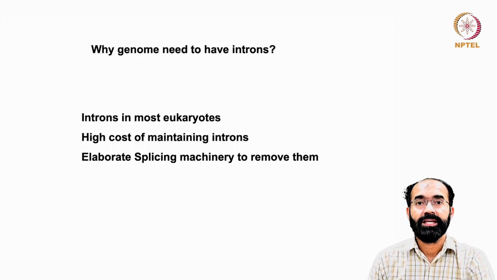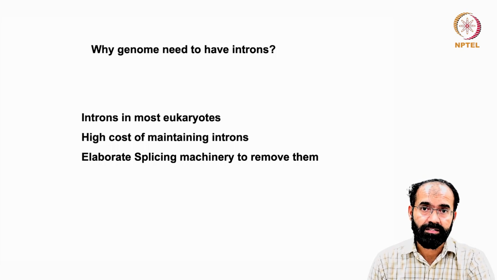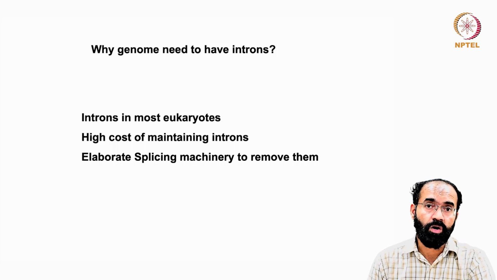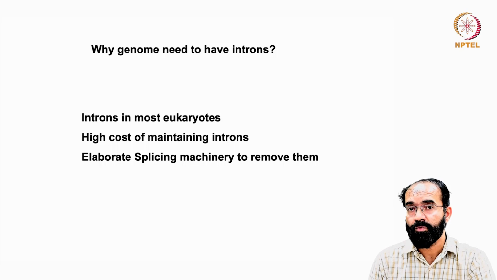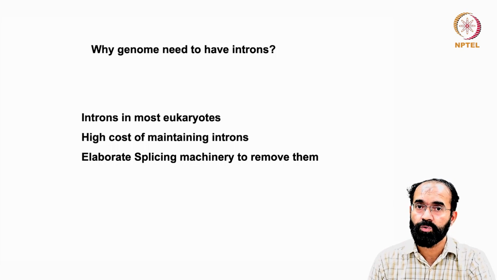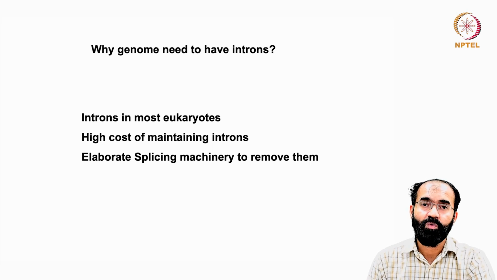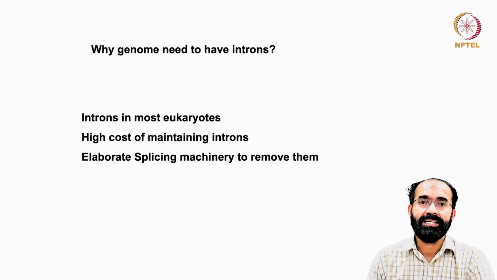Like that, if elaborate machinery is there to remove it, to fix it, it comes with an extra load of these introns also. So if a gene is vulnerable to mutations, like I told you about p53, what if the gene is diluted with lots of introns?